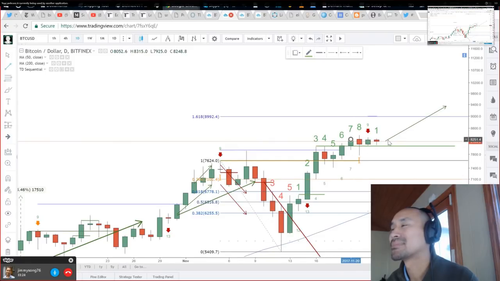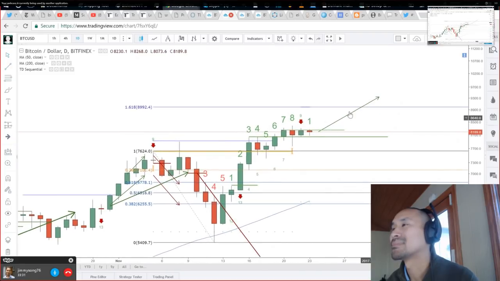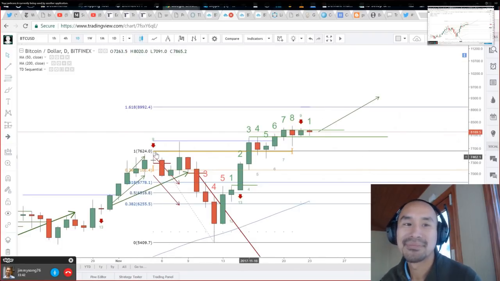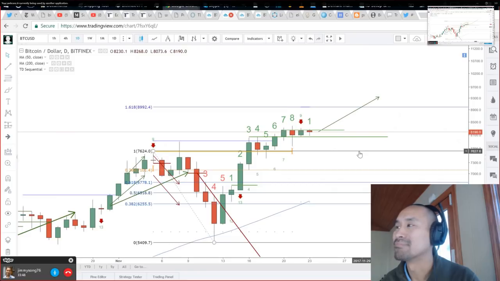But the moment we get above this line, it'll be up, and maybe 9,000 would be a nice end to this rally, and then a bit of a pullback to 7,500 or so, where we started this, the prior high, basically. So if we get to around 9K and then pull back to about 7,500, that would be a nice setup.